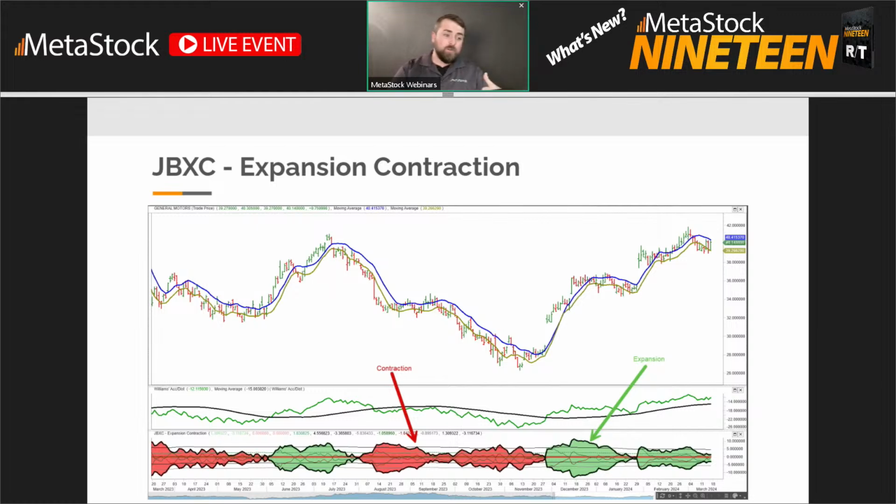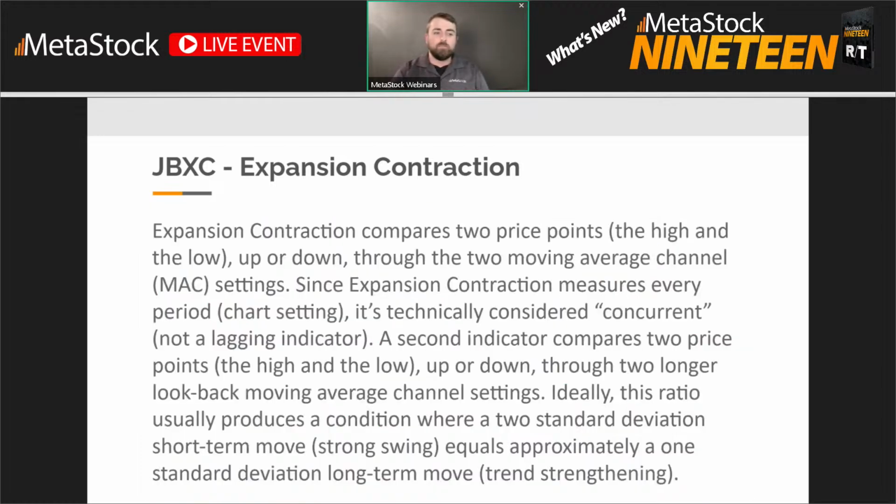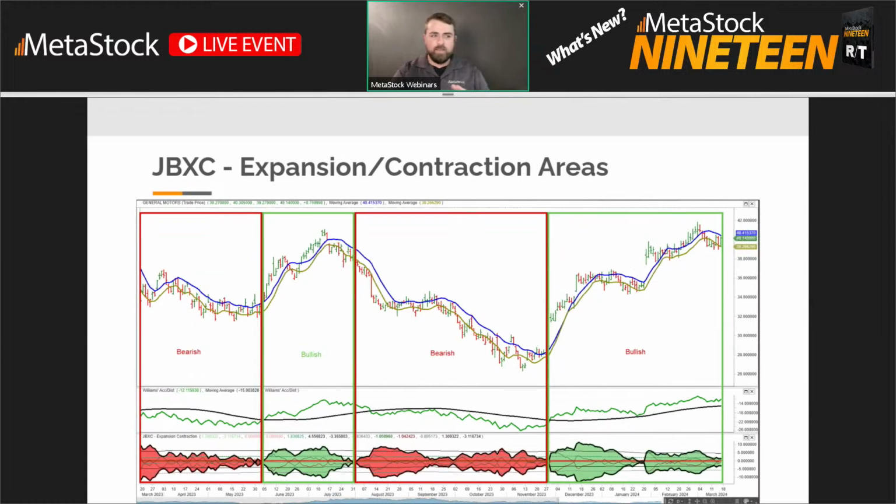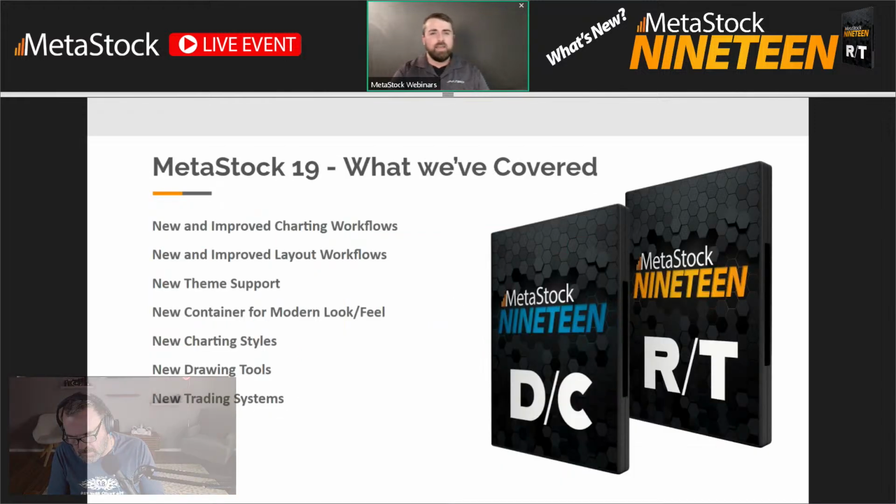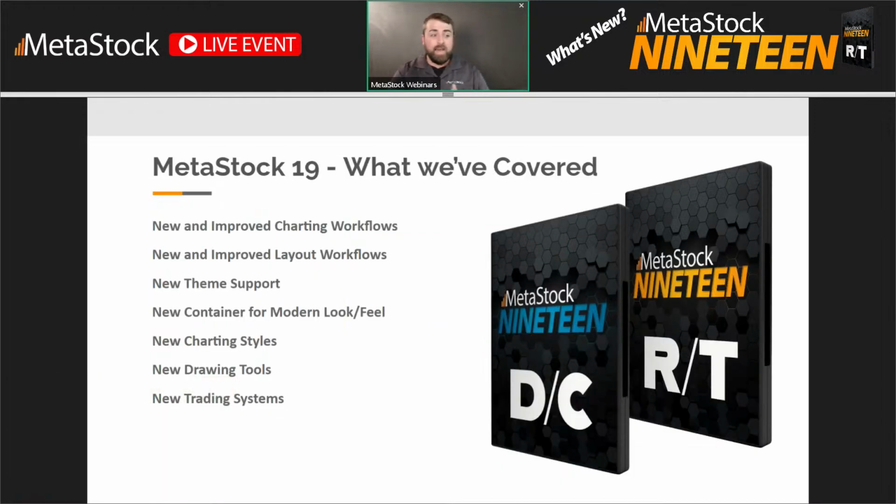And then also highly recommend checking it out, but he does have a full trading system that we've made available as well for an additional cost that will give you $100 off of his add-on if you wanted to purchase it along with your order of MetaStock 19. And it'll help you identify, again, all the different bullish and bearish zones. It comes with a bunch of scans and everything that you need. I highly recommend adding that to your order when you're upgrading to the new 19.